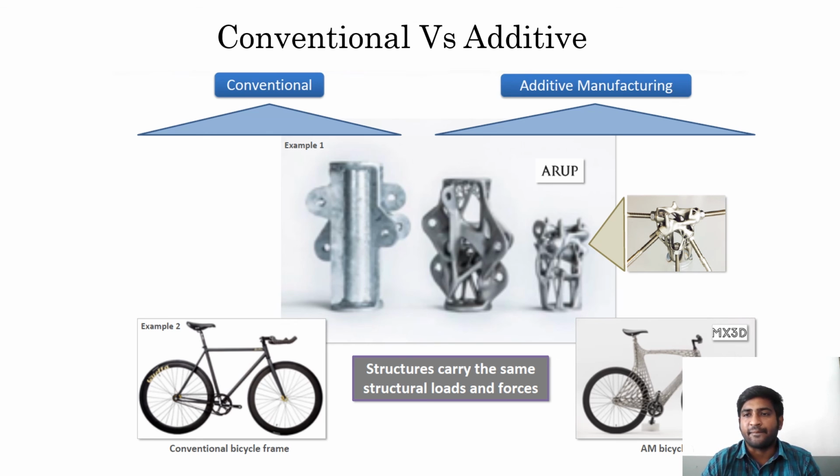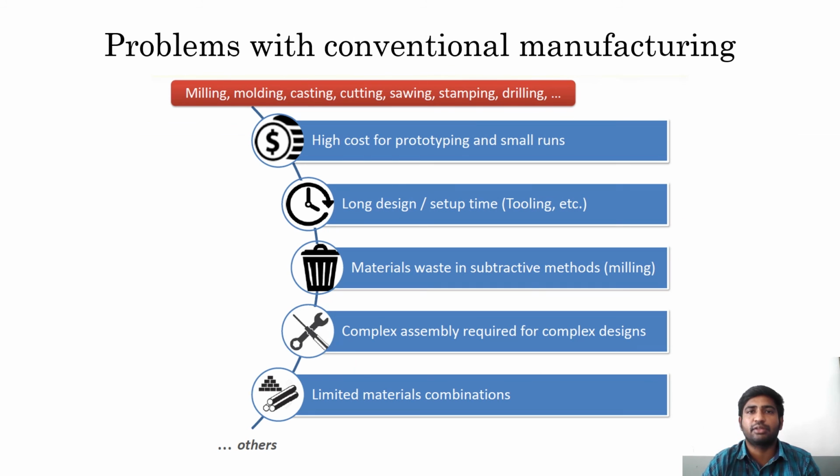Let's move on to the problems with the conventional machining process. Here we can see a lot of problems. The high cost of prototyping in small runs: creating prototypes is very costly in conventional machining. Long design cycles mean more setup time, which is very difficult in CNC machining.